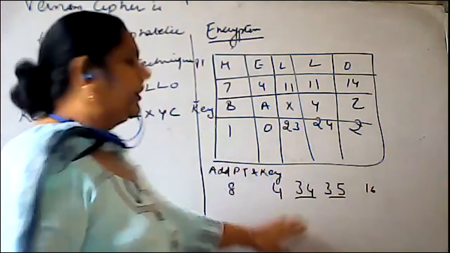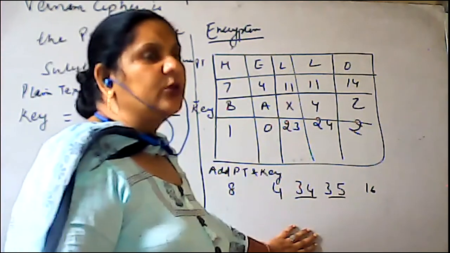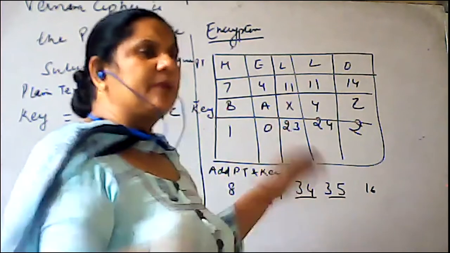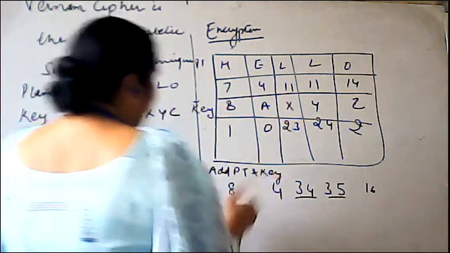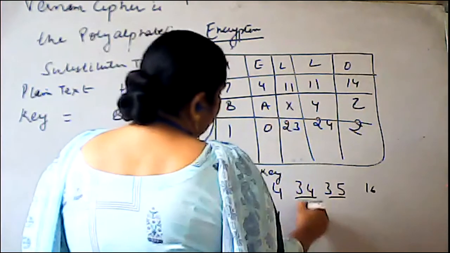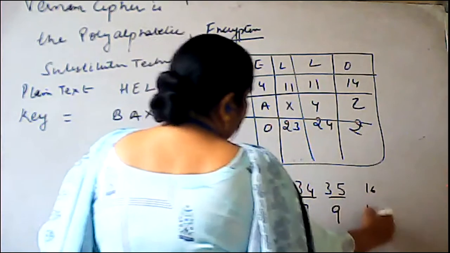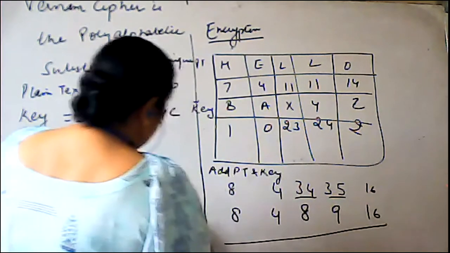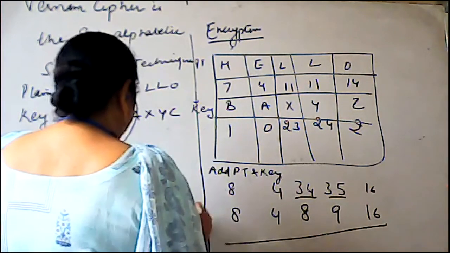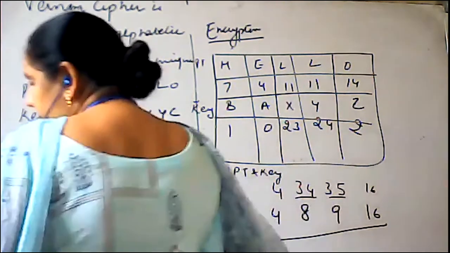Wherever the total exceeds 26, subtract 26 from that particular figure. So 8, 4, 34 minus 26 would be 8, and 35 minus 26 would be 9, and this would be as it is. So this is your encrypted key.